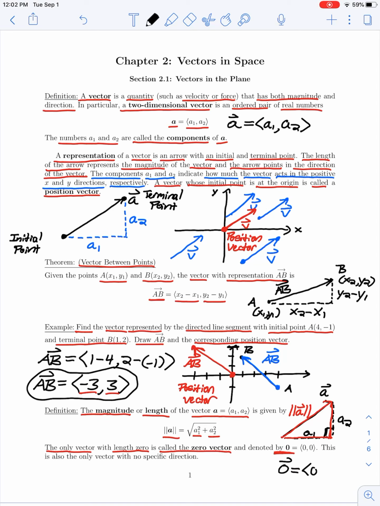The components of this vector are both 0. So this is the only vector that has no specific direction either. Since its components are both 0, it does not act in any specific direction. This one particular vector that has no length or direction is called the zero vector.